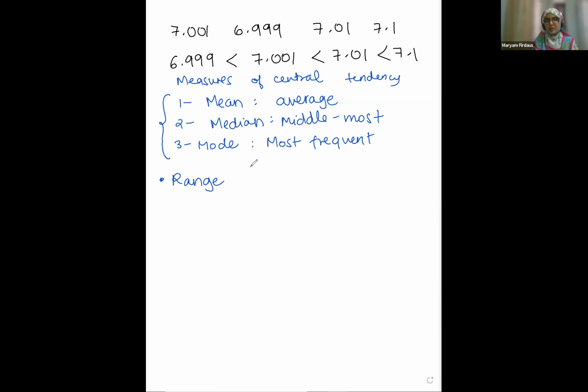So that's what range is. It means something that spans over some area, right? So range is the difference between the highest and lowest observations. Highest observation minus lowest observation.